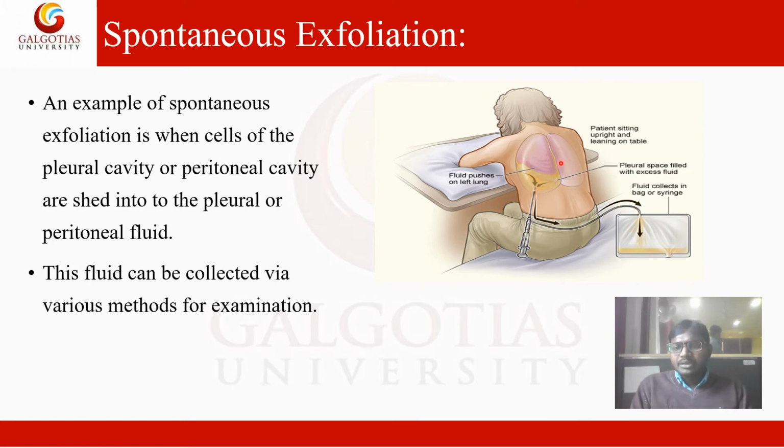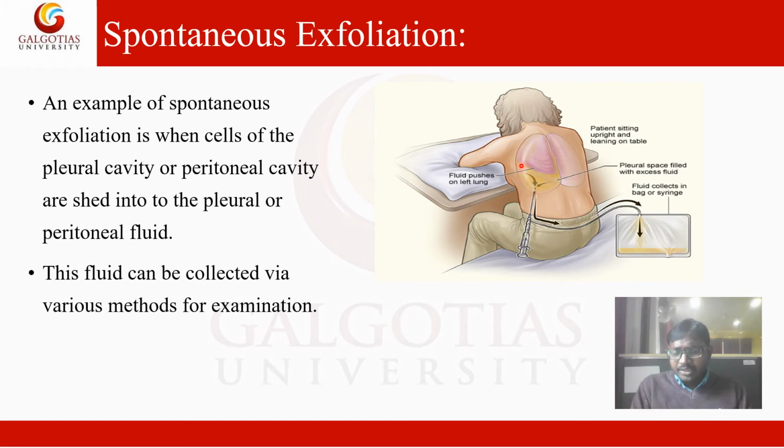With some abnormality, like tuberculosis or cancer, pleural fluid effusion starts automatically, with accumulation of the pleural fluid. That fluid we need to collect. Why do we collect that fluid? Because it is spontaneous exfoliation. Spontaneous means the cells are shed automatically from the surface.